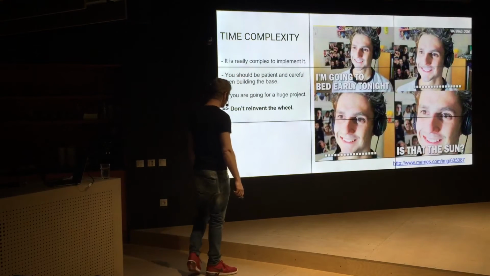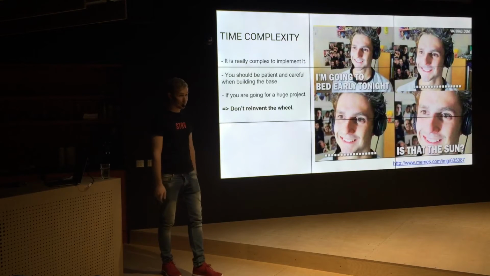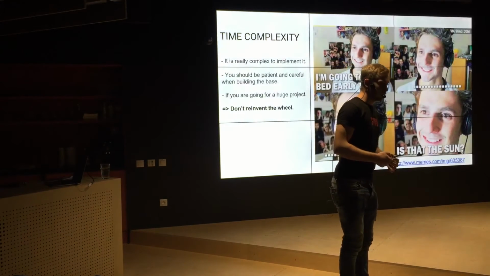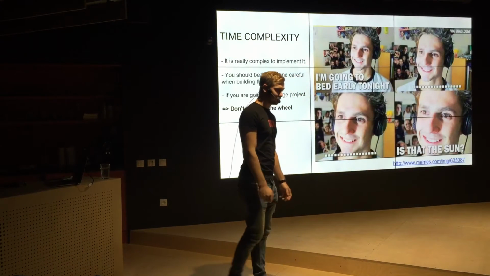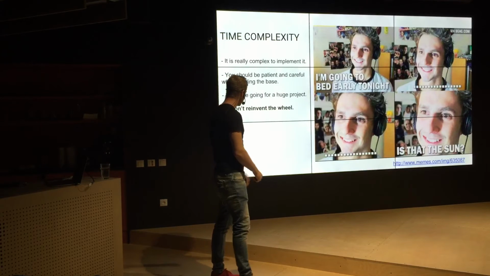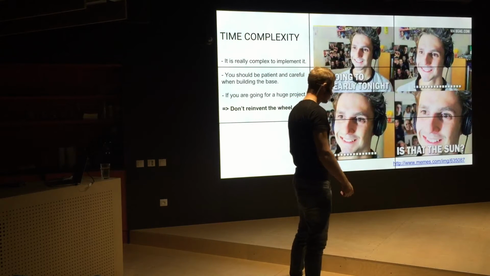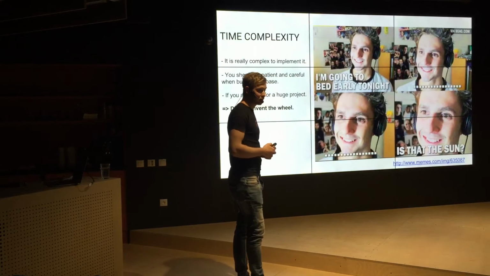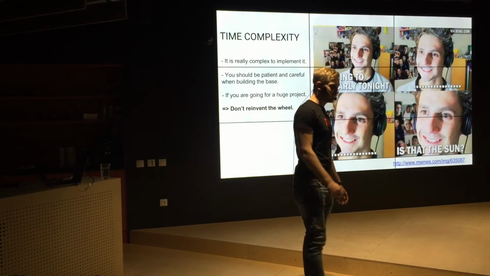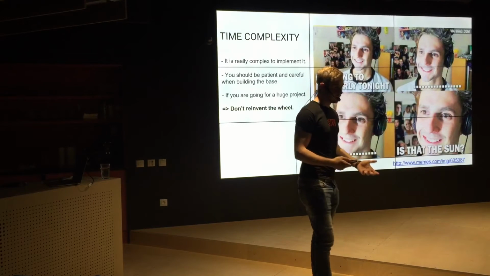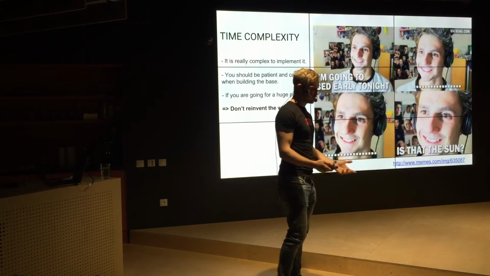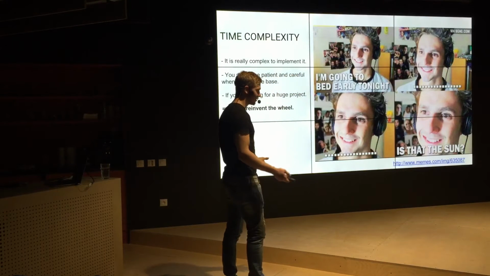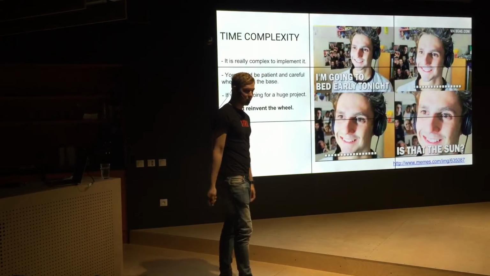You should be patient and careful when building the base, because you're going to get into so much trouble if you make mistakes. You should use some libraries, but there are not many of them, because there are not many huge Android applications; by definition, an Android application should just be a simple application to show you some stuff, so it shouldn't be complex.